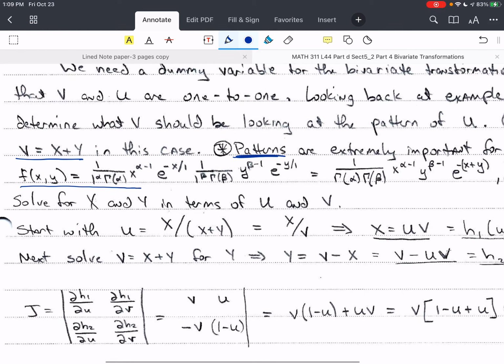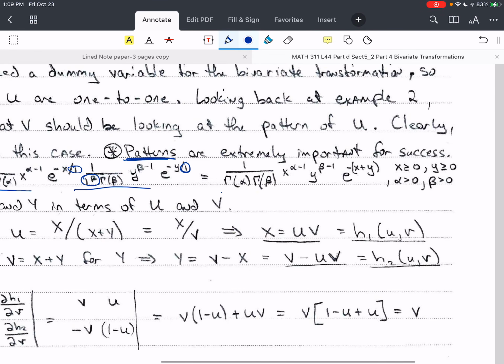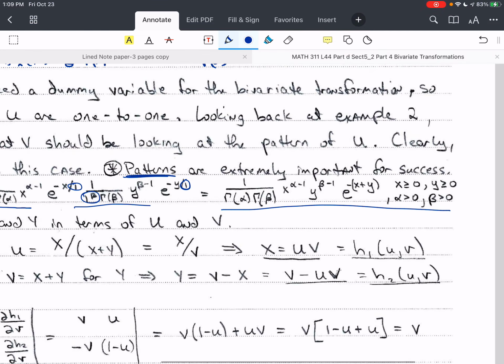Okay? So I've gone a little bit further and put 1 to the alpha, 1 to the beta for that, and put the over 1 in both cases, but it simplifies to this expression. We have gamma alpha times gamma beta on the bottom. We have x to the alpha minus 1, y to the beta minus 1, and e to the negative x plus y.